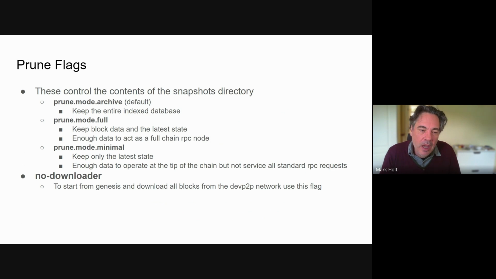As I mentioned at the beginning, Erigon's normal startup mode is to pull the data that we've got in the snapshot directories from other Erigon nodes using BitTorrent. That's for two reasons.